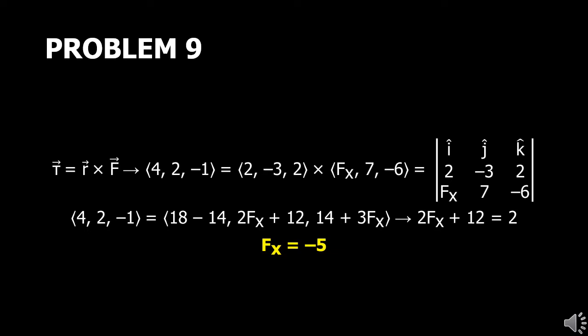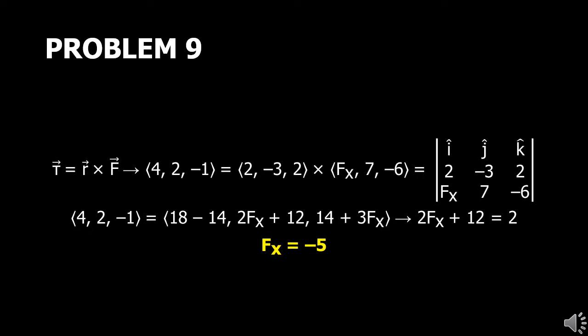And our value for torque is given by 4, 2, negative 1. So, ibig sabihin, kapag daw kin-cross product natin itong 2, negative 3, 2 with Fx, 7, and negative 6, dapat ang lalabas is 4, 2, and negative 1.